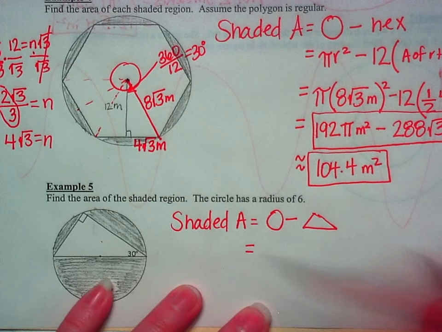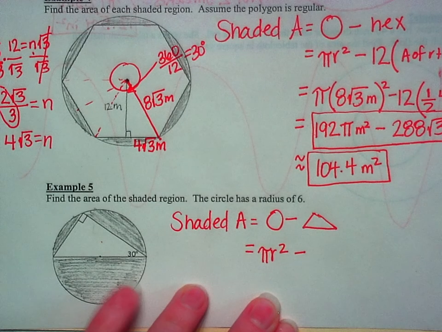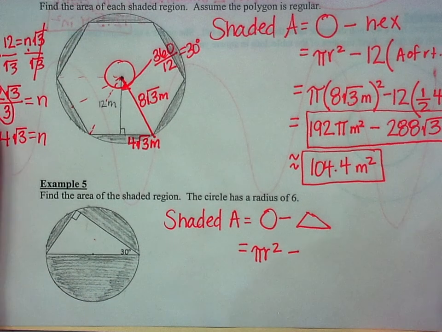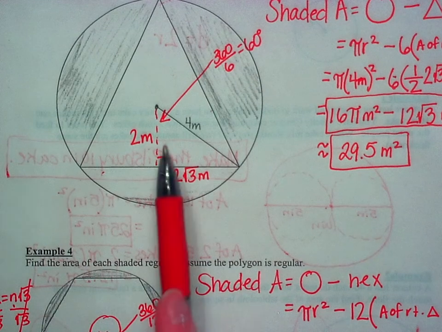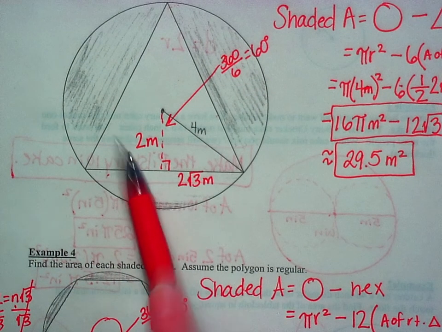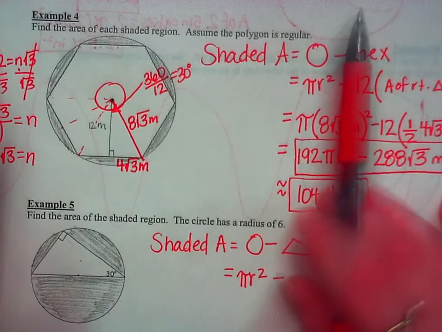So just like we've done on the other problems, we're still going to do pi r squared minus, and then for this triangle, I cannot break it into right triangles like I did up here. Up here, I took the whole big triangle and split it into 6 right triangles. I cannot do that down here.